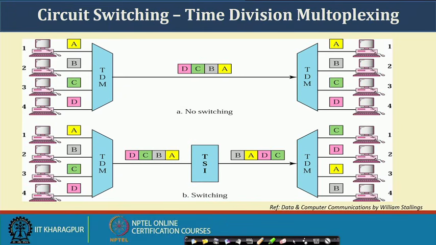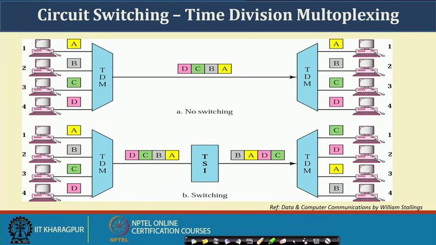In case of time division multiplexing, sorry, there is a typo on the slide. What we have there is, one, no switching: I send BCDA and it is received as BCDA.